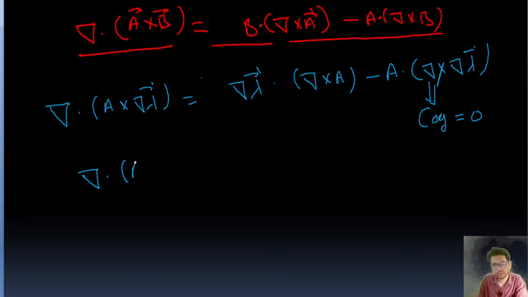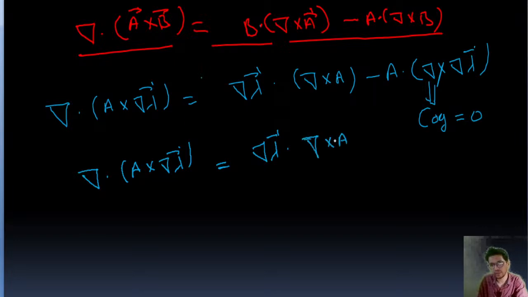So this value is going to be del dot A cross del lambda. So del dot A cross gradient of lambda is going to be gradient of lambda dot del cross A. So you can see here this value is equal to this value.